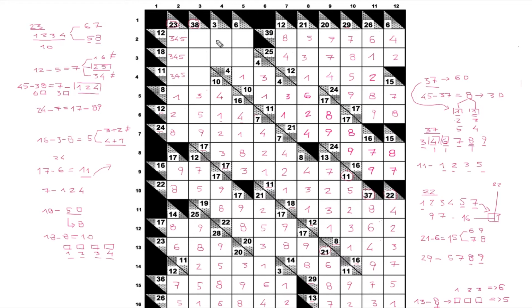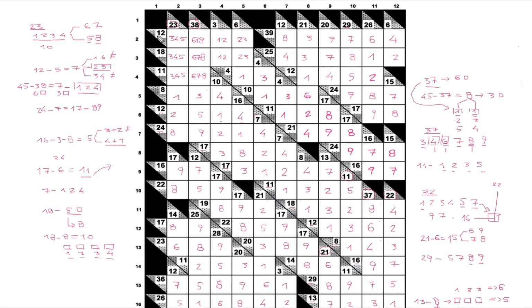Number 3 can be 1 or 2, and number 6 has to be 2 or 3. Number 38 has 6 digits and without 1, 2 and 4 and 1, 2, 3, 4, 5, there are 3 remaining numbers, 6, 7 and 8. And here will be 6, 7 or 8, and here in this cell also one of these 3 numbers.